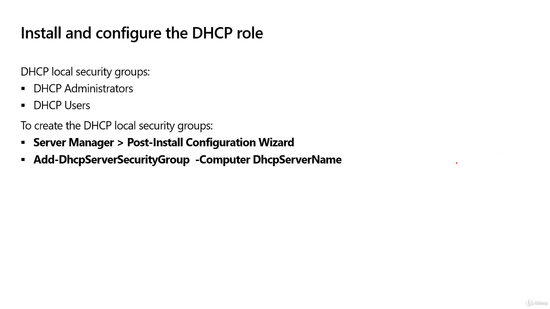When you install DHCP, part of the configuration is also going to create two groups. There is a DHCP Administrators group. Now, this is a local group on the DHCP server itself. If I make a user a member of DHCP Administrators, they have full control over the DHCP service.